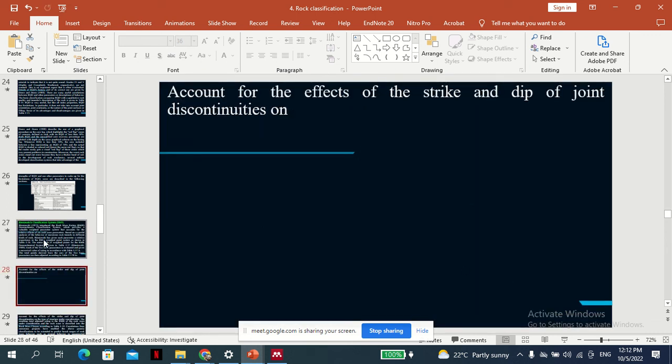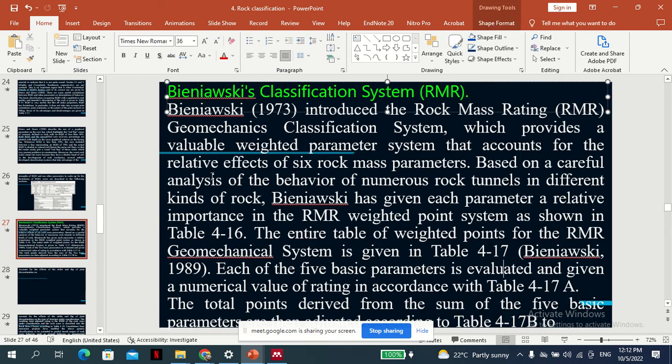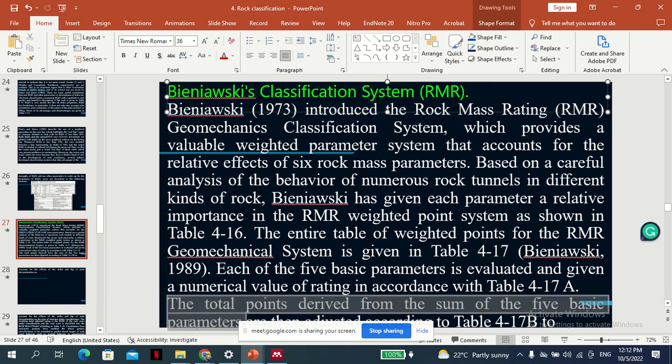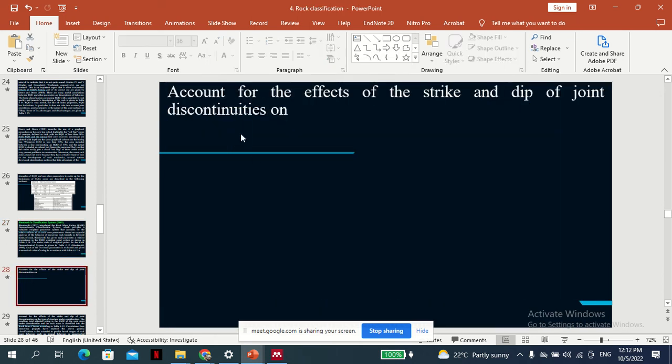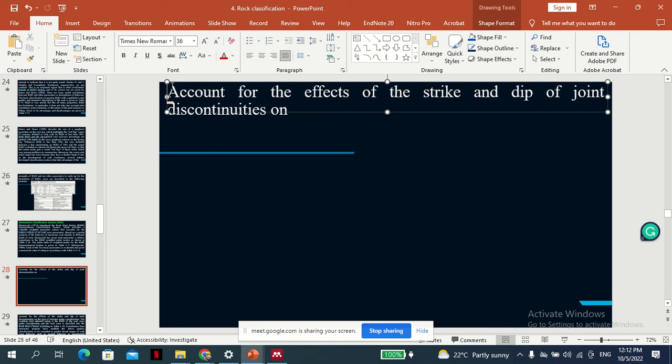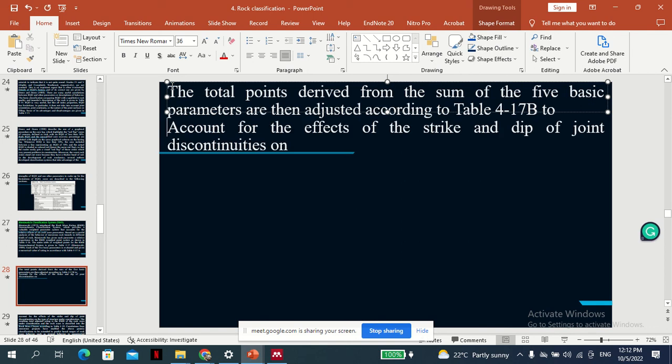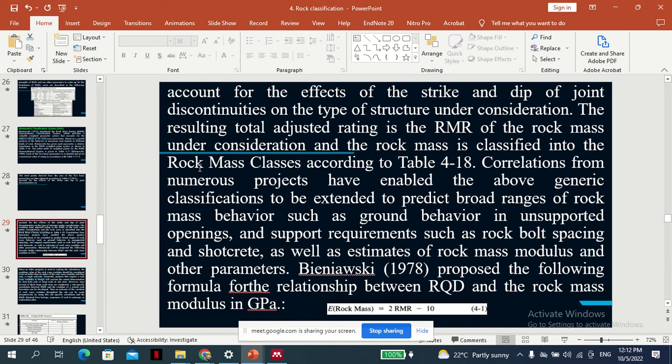So to account for dipping, the values are like I've shown. Let's put this on the next page for clarity. You add, and then eventually you provide some factors that account for dipping and the joint continuities, like I've said, on account of the effects of strike and dip of joints.